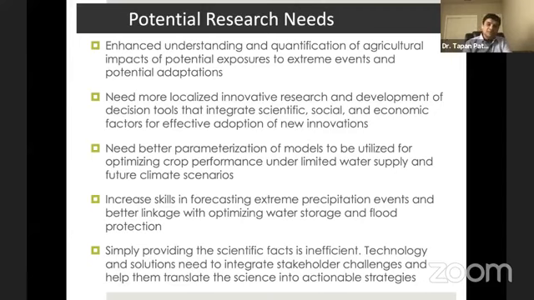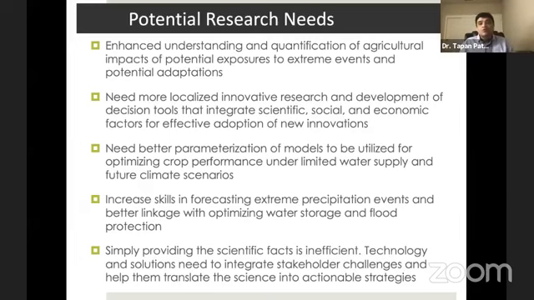As I mentioned, there are a lot of potential research needs, but when I think about agriculture from a climate change perspective, I think we still have a long way to go to understand and quantify the impacts of exposure to those extreme conditions, because different crops respond to those extremes differently.